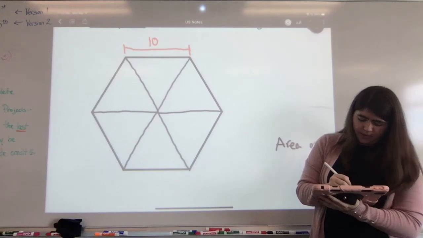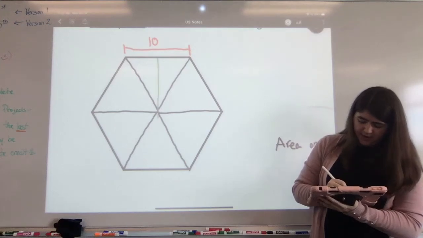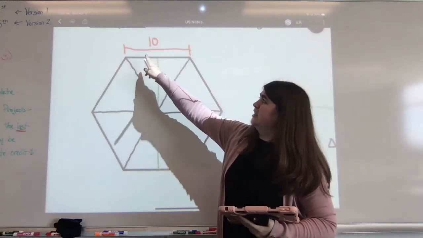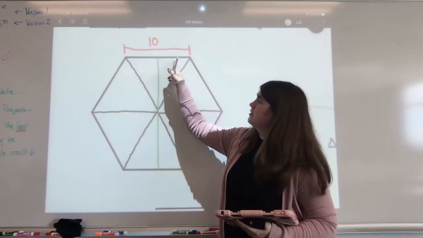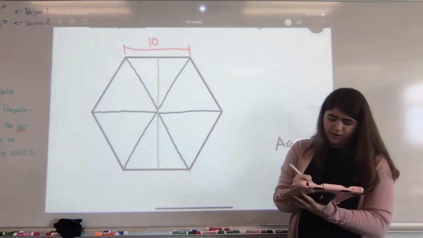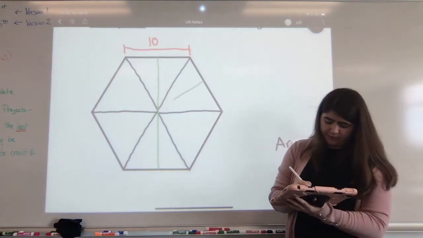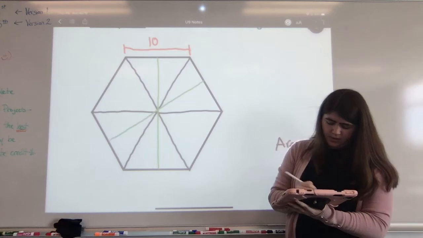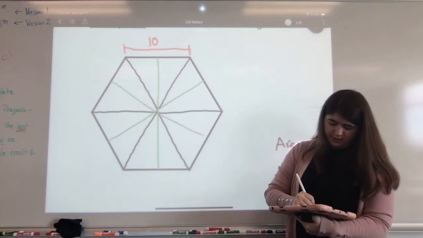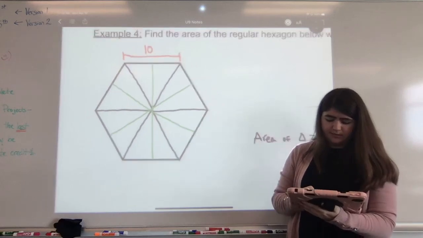I'm going to split right down the side, and splitting these triangles in half, it is also splitting this 10 into 2 even pieces, so we'll have 5 and 5, which will be important, but we'll come back to that. We'll finish dividing this up first. All right, and there's the last one. It's not perfect, but it's close.